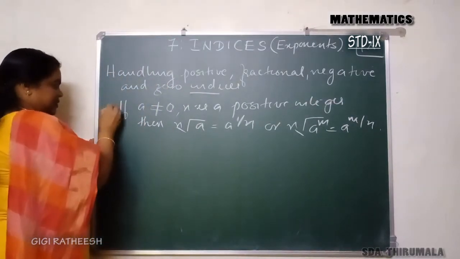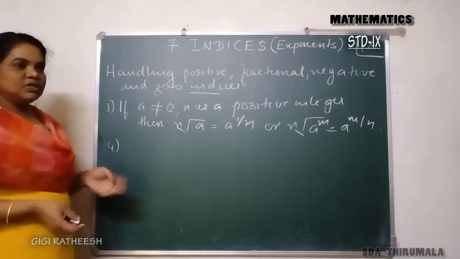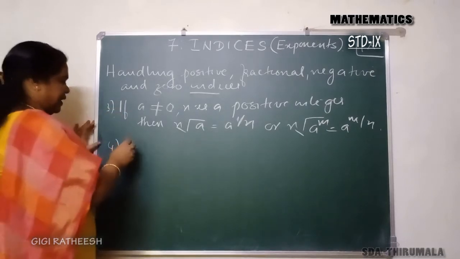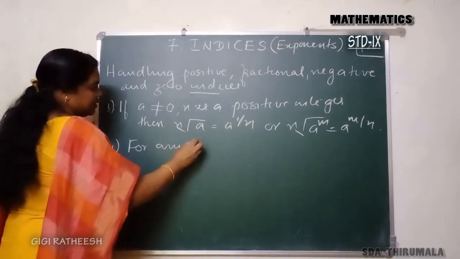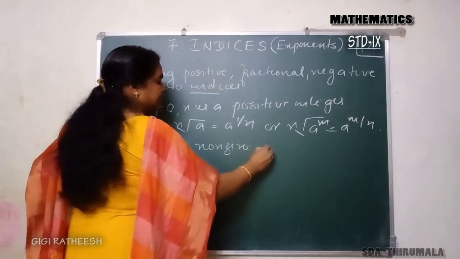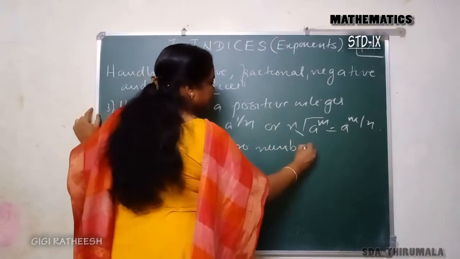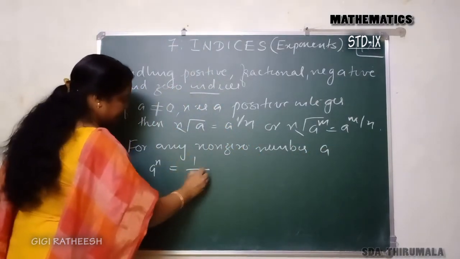The fourth point is, for any non-zero number a, a raised to n is equal to 1 by a raised to minus n.